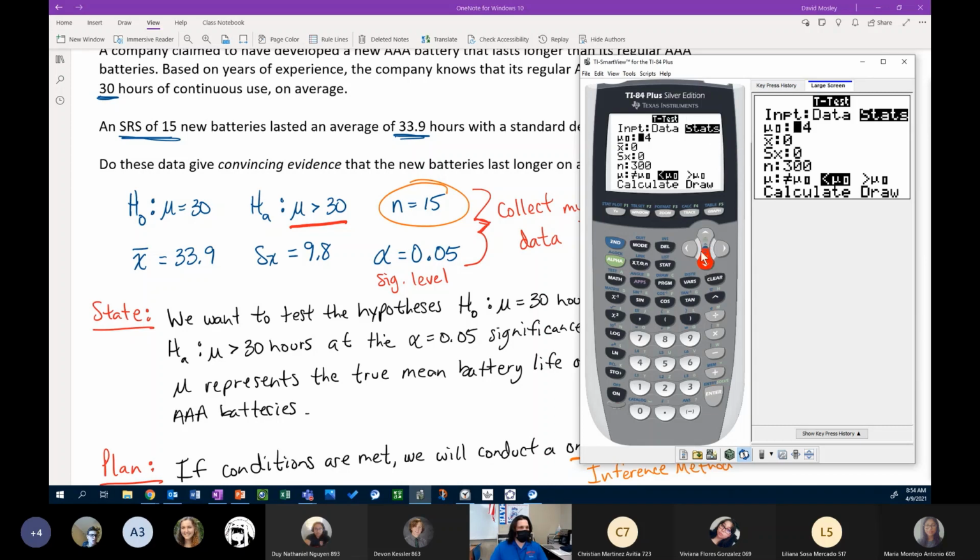We have statistics, and so our null hypothesis is 30. The sample mean was 33.9. Sample standard deviation was 9.8. Sample size was 15. And we are going for greater than the null hypothesis, so we'll highlight the greater than mu sub 0, and then we'll go to calculate.